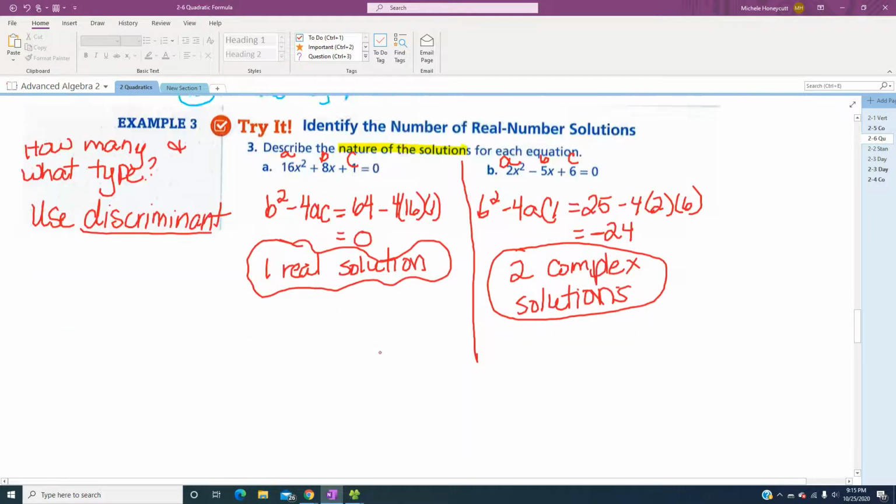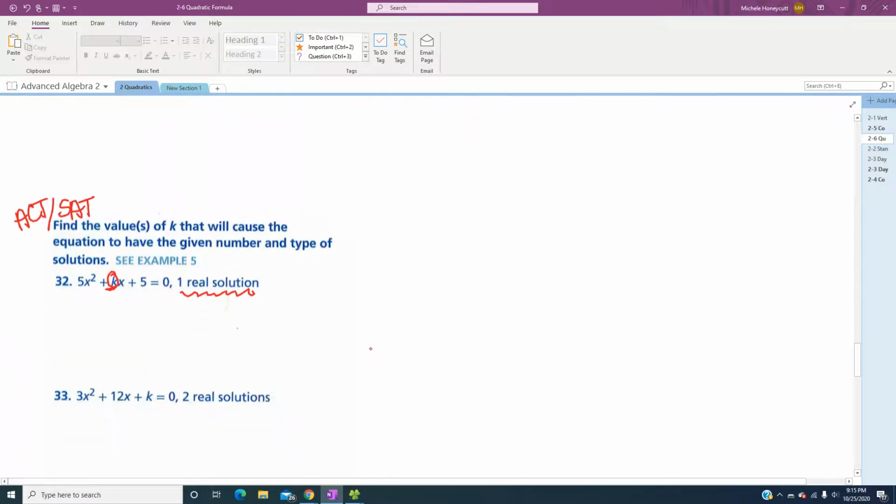So to have one real solution, I need b squared minus 4ac to equal 0.